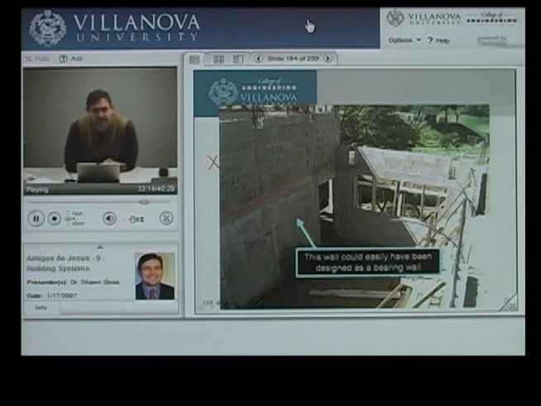Should I decide that the load path is such that those are going to be my primary walls, that wall could easily be designed as a bearing wall. Now, it happened in this case that the size and aspect ratio of the structure dictated that we wanted to take the load out to that first wall that I showed you in the previous slide, and that's why a building frame system became the only realistic choice.